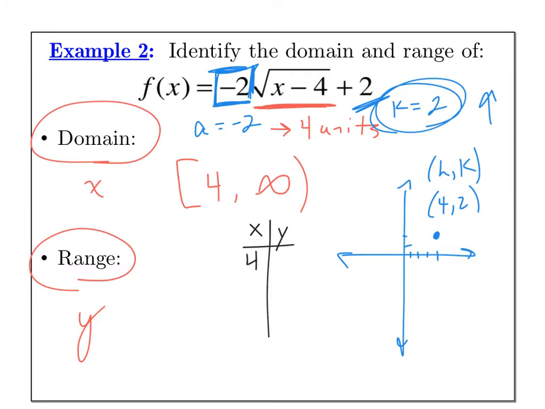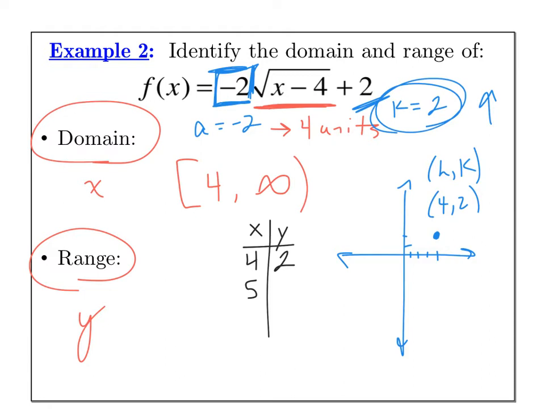If I plug in 4, I'm going to get 2 as my output. Now let's see what happens when I plug in 5. 5 take away 4 is 1. The square root of 1 is 1. And we need to times that by the -2 out in front.